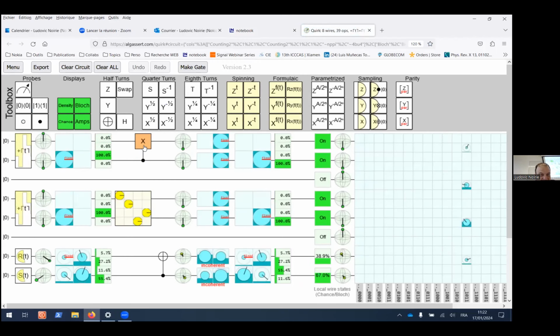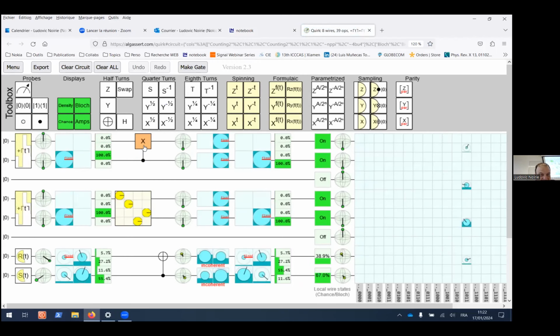There are other ways to do that. Remember that the H transforms 0 to plus and 1 to minus. So you have 00, 01, 10, 11 as input. You just apply the H gate, and then you get exactly the same states, which are the Bell states. And again, another way to do it.